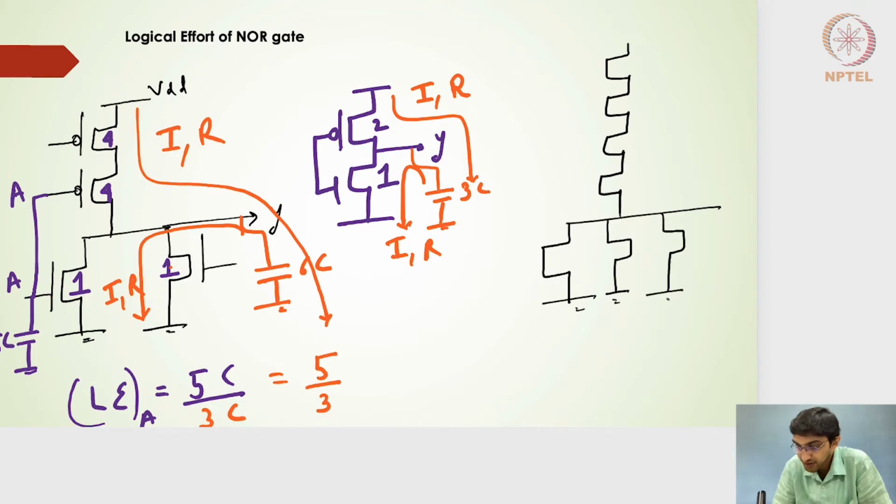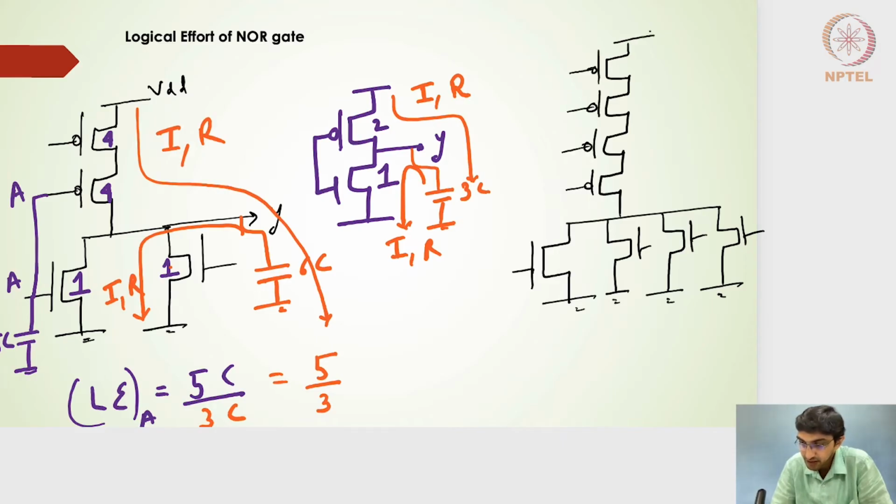So I'm just going to draw these transistors and complete it. And then I will have these 4 series transistors, complete the VDD rails, and then anyways we have the ground. So this will be my output Y.